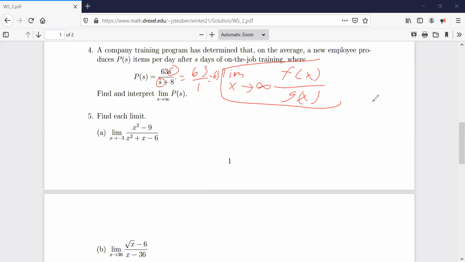And the other thing we care about is if the top one has a bigger power. So let's say this was 63s squared over s plus 8, then this would go off to infinity. But if this was negative 63s squared, this would go off to negative infinity. So whether it's going to be negative is also determined by the lead coefficients.